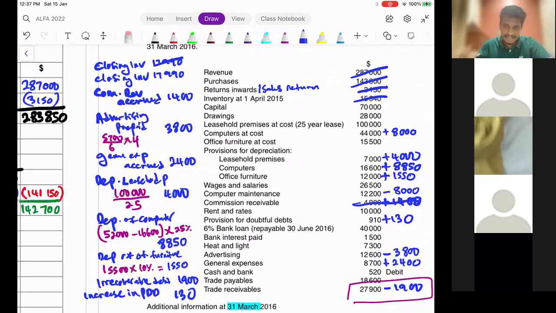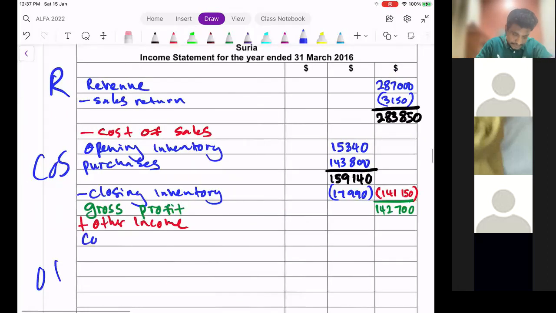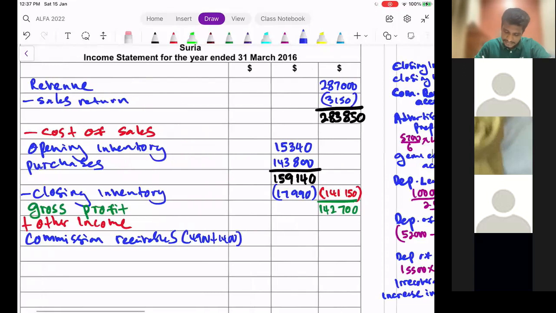Commission receivable is my other income. So right here, commission receivable. Show the working of 4,900 plus 1,400, and get the answer right here.